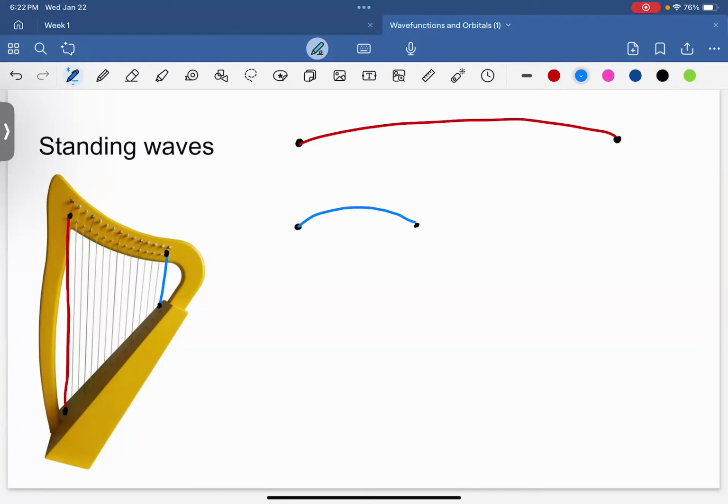When I pluck these strings, they make a sound because the string vibrates back and forth. We intuitively know that the longer string is going to have a lower tone, and the shorter string will have a higher pitch tone.